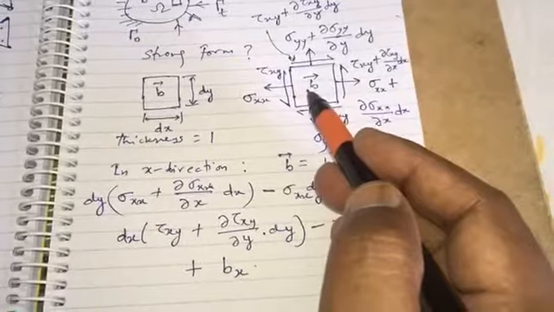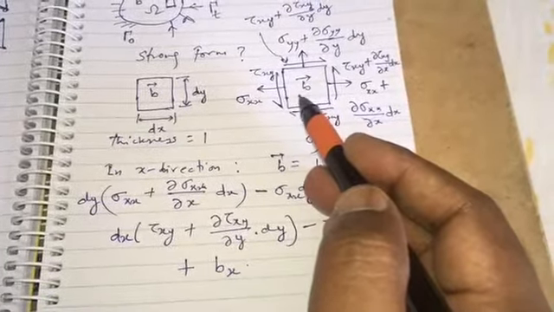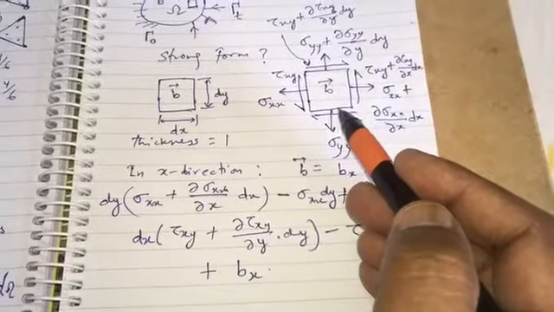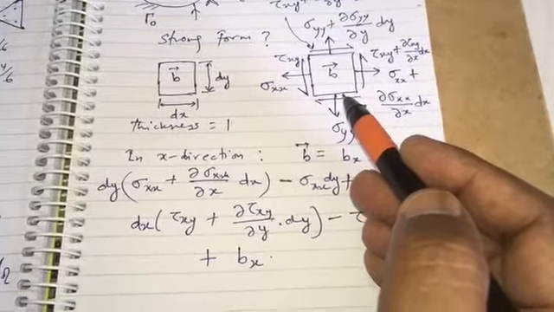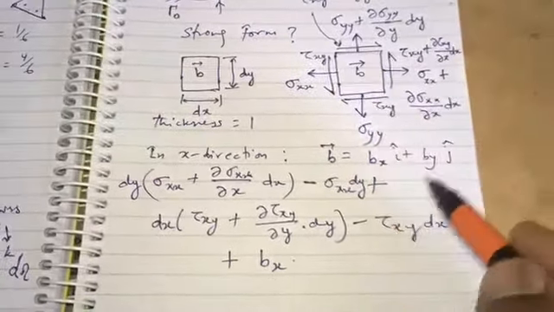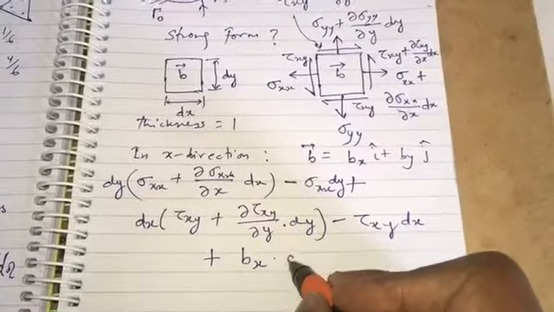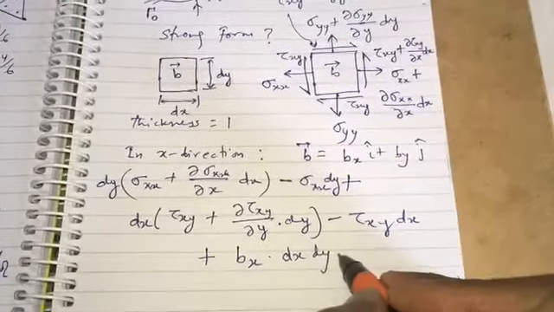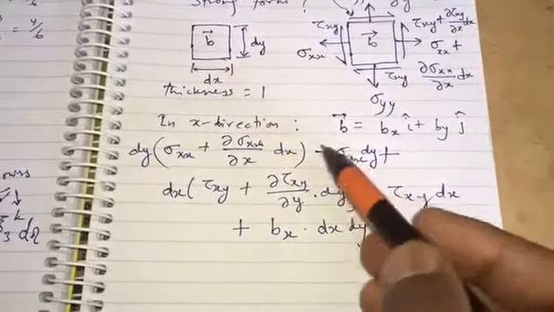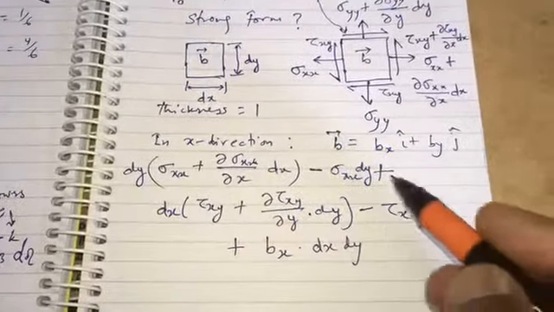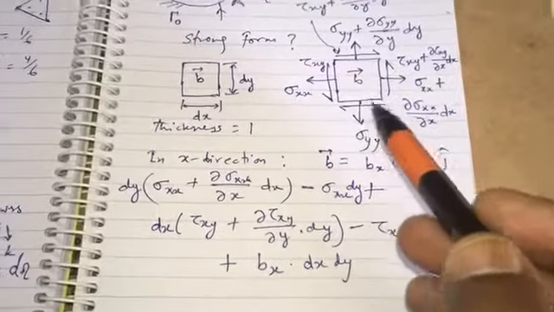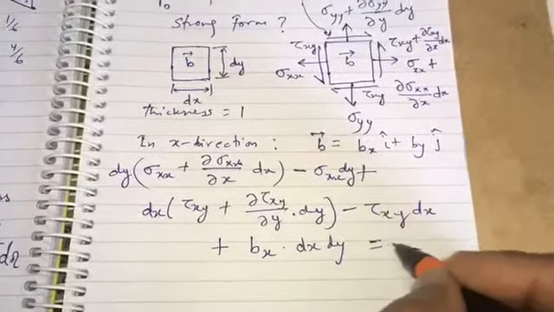Body force is the force per unit volume. However, this is a 2D problem, so since the thickness is unity, you can also write it in terms of force per unit area. So bx multiplied by dx times dy times 1. This is the total force acting on this infinitesimal element in x direction, so this becomes equal to 0.